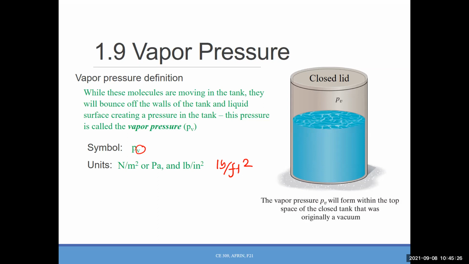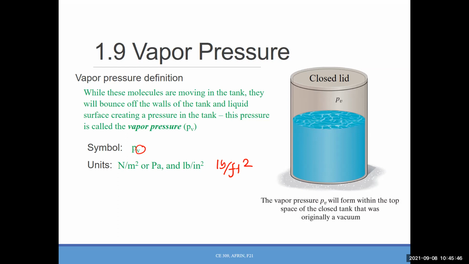Now, if you go to your appendix 1 copy, when you open that, you will see that for different temperatures, water has different vapor pressure. Are you seeing that?